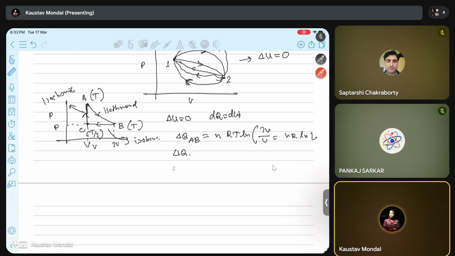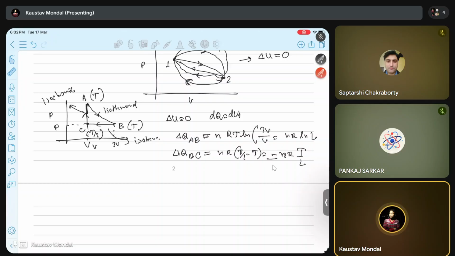During BC, the change in heat would be, so it goes from T to T by 2, so nCp (T by 2 minus T), so it would be minus nCp T by 2, right? So in this case delta Q plus means the heat goes into the system, and minus means the heat is coming out from the system, okay.